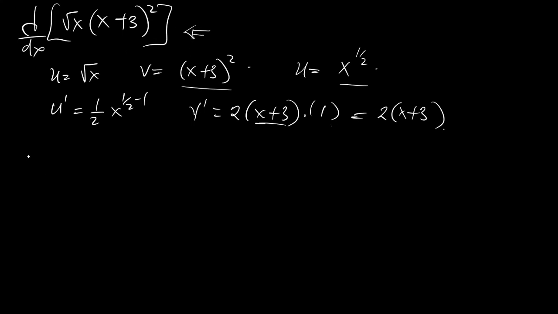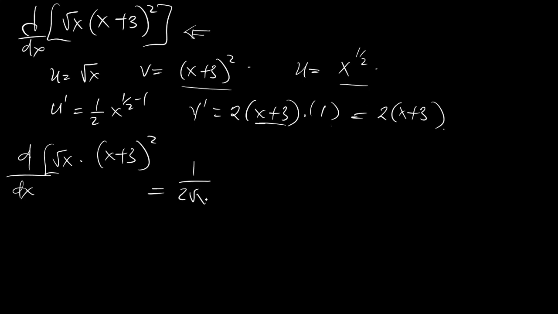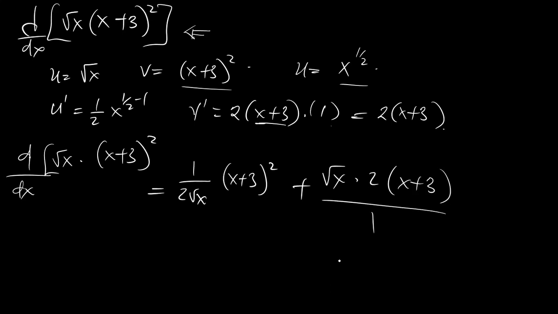It will be equal to u prime times v, which is 1 over 2 root x times x plus 3 squared, plus u, which is square root of x, times v prime, which is 2 into x plus 3 over 1. So this is the final answer.